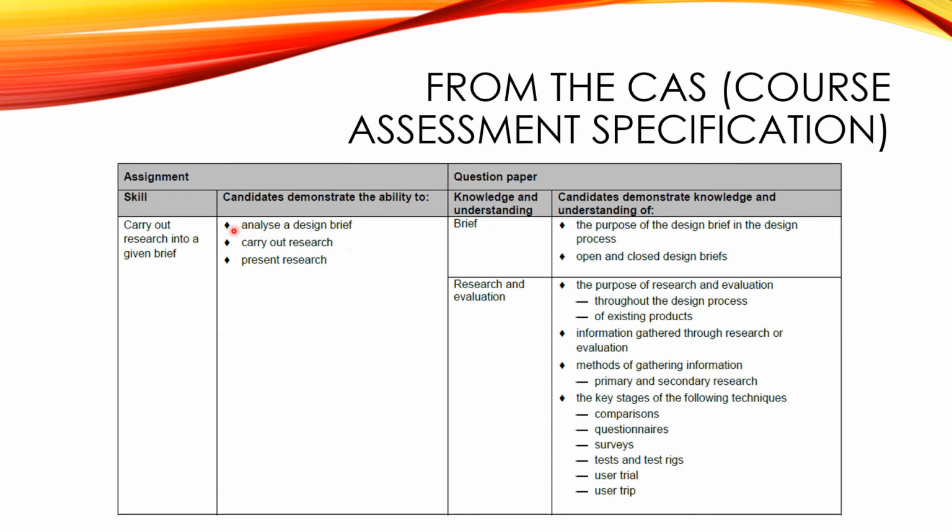In the assignment, we're asked to analyse a design brief, and we're going to look at what that means today. In an exam, we can be asked about the purpose of a design brief and the difference between open and closed design briefs. That's something you might have covered in National 5, but we will look at it in a bit more detail again today.